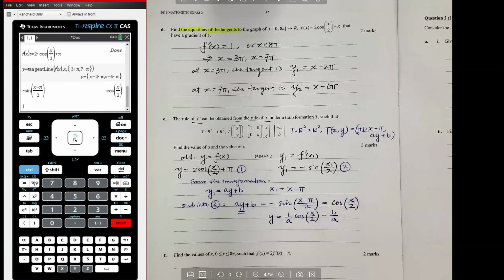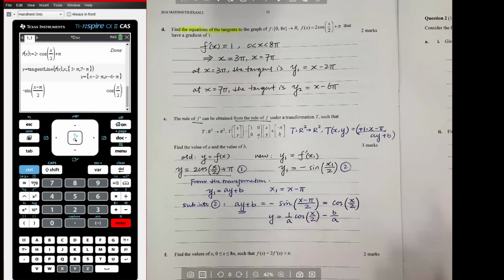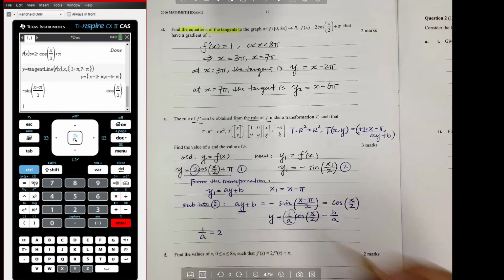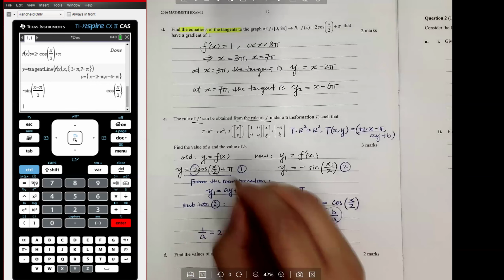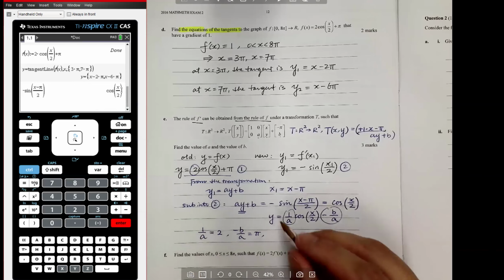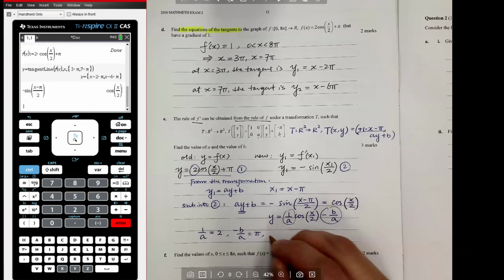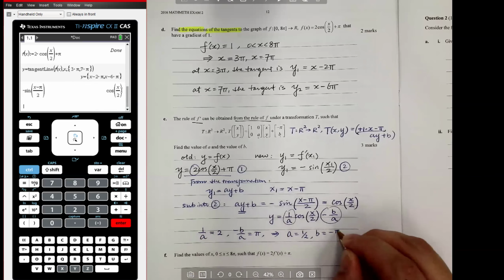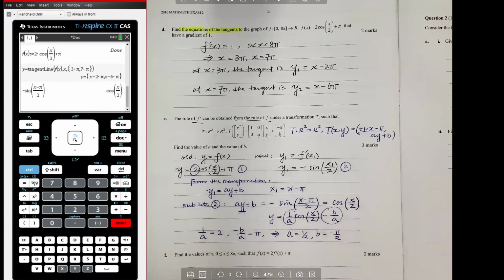And then you could see, all right, how about I match this equation with the old equation? So you would say 1 over a equals 2, this bit, and minus b over a equals pi. So therefore, your a equals half, and b equals minus half pi, okay?